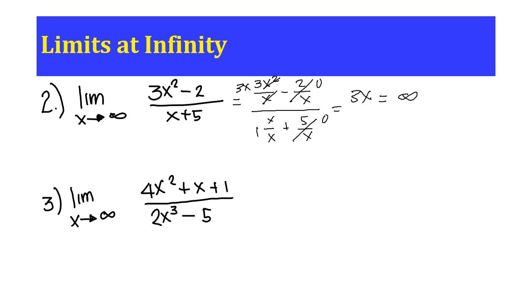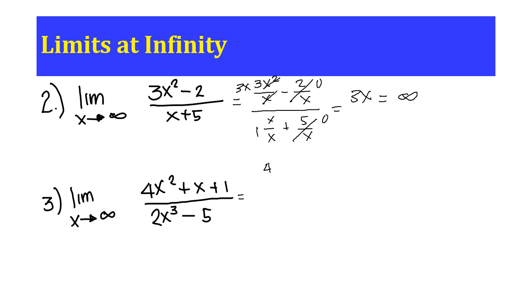Number 3. We are asked to evaluate the limit of 4x squared plus x plus 1 all over 2x cubed minus 5 as x approaches positive infinity. Following the rule again, we have to divide all the terms by the highest power that appears in the denominator.